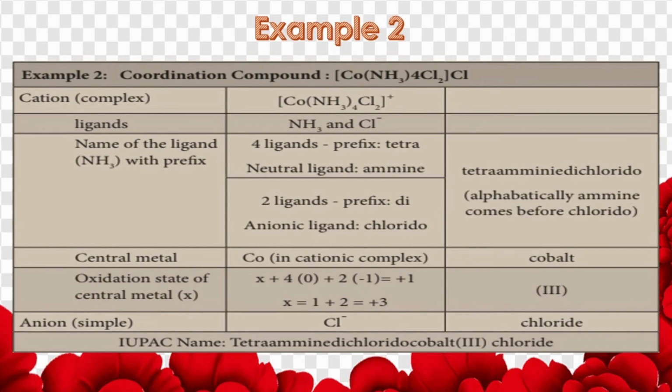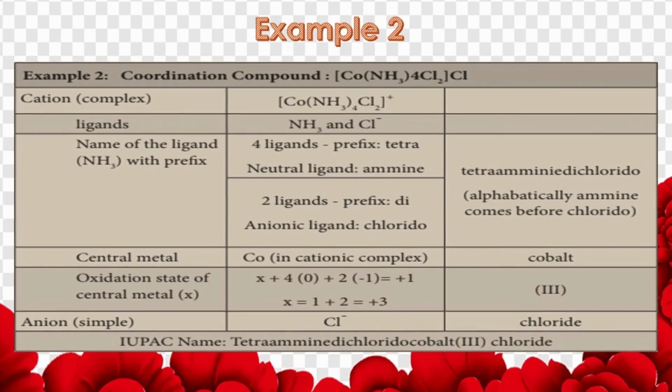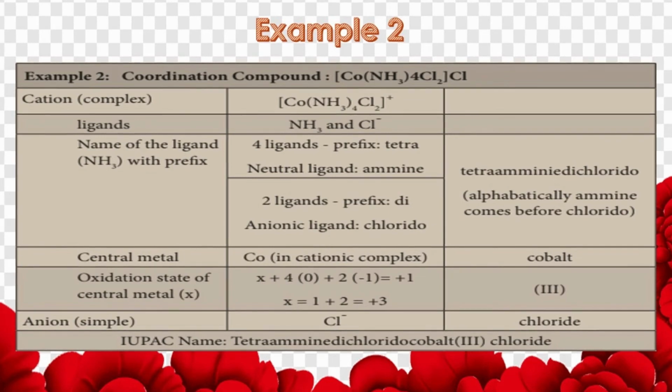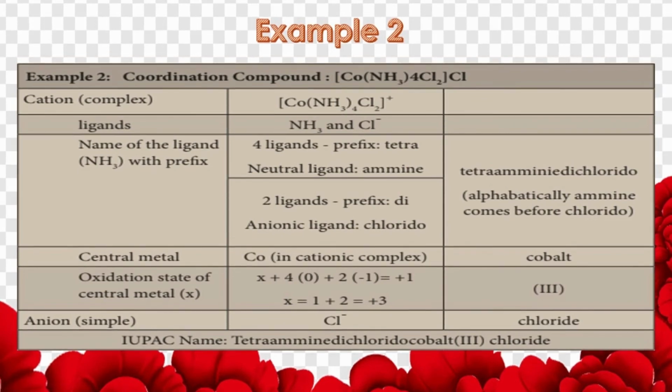When you write them, you have to follow alphabetical order. A comes before C, so we name the ammine first, then chlorido. Four times the ammine ligand is present, so it will be named tetraammine. Twice the chlorido ligand is there, so it will be named dichlorido.